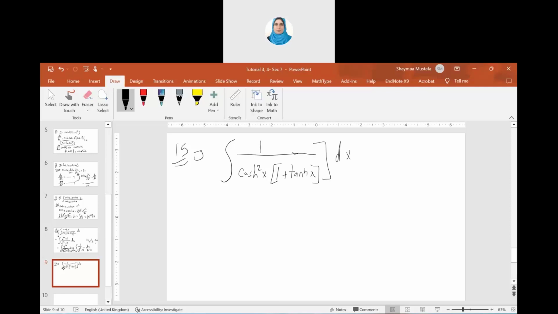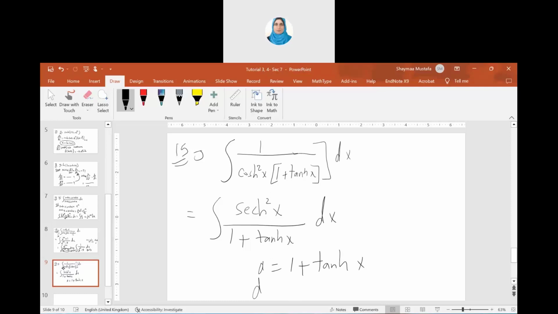Here just use u, because this one is equal to 1 over cos square, which is sec square x over 1 plus tan x dx. So just use u equal to 1 plus tan x. Then du will be equal to sec square x dx. And then you can continue the integral.